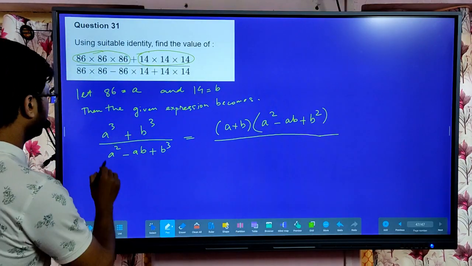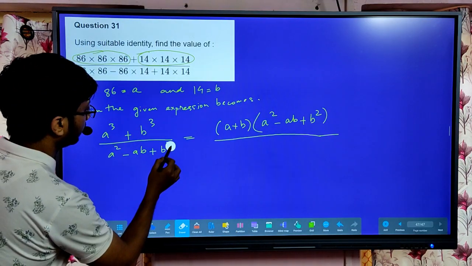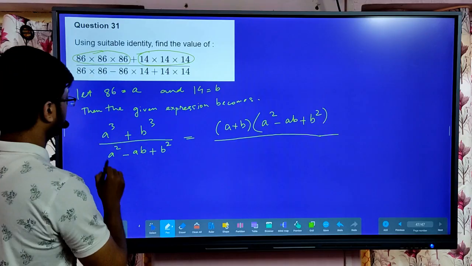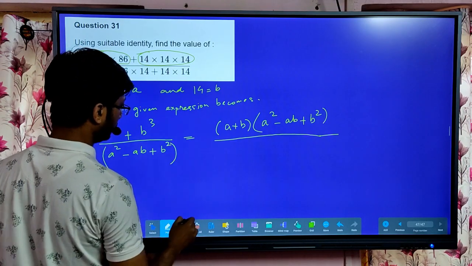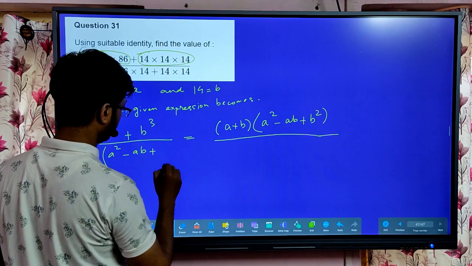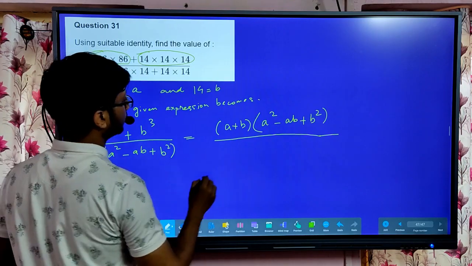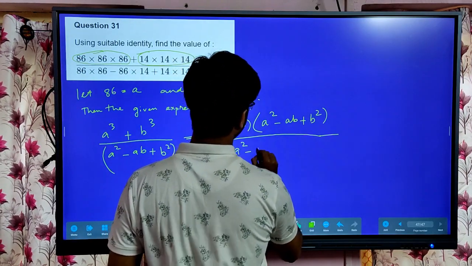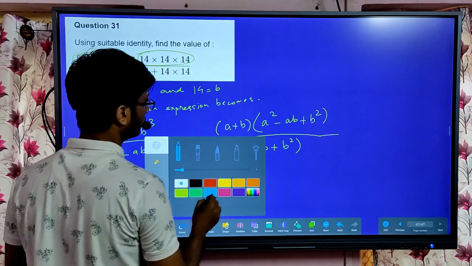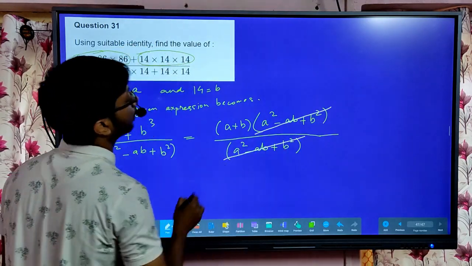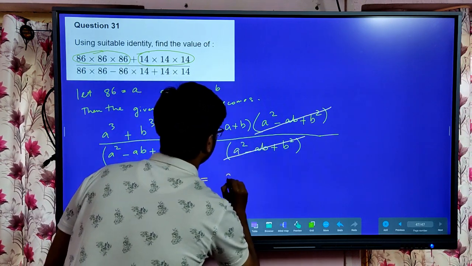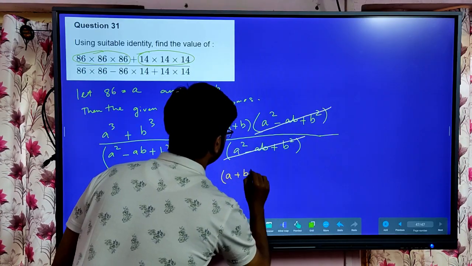And in the denominator exactly similar thing is there, A square minus AB plus B square. So now we will cancel out this entire term. So only A plus B is remaining.